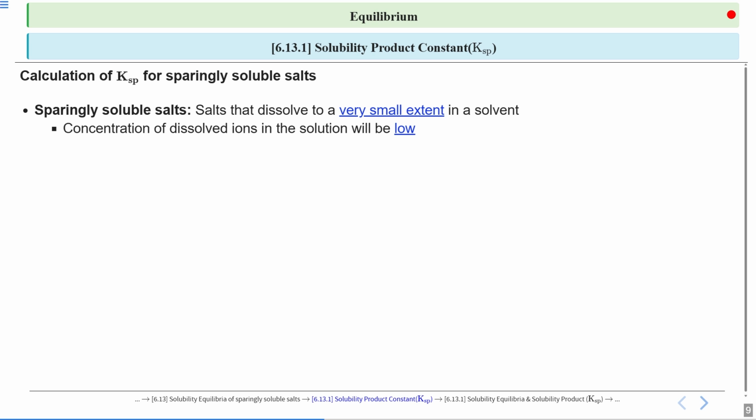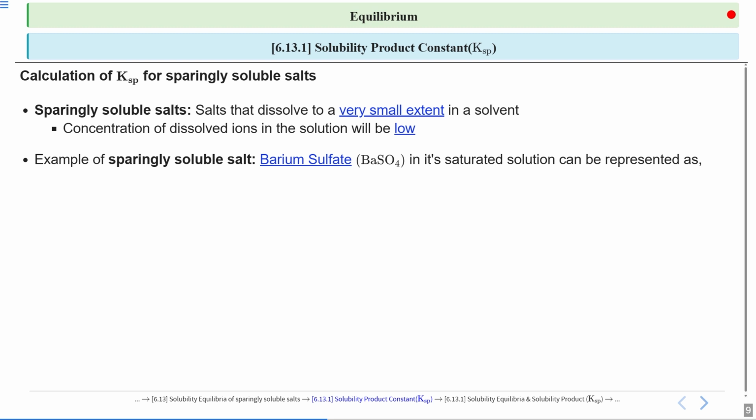Remember, no matter what kind of salt you are taking, if it is soluble, it will be dissociating approximately 100%, and in a numerical sense, we can take it as equal to 100%, right? So whether you are taking a sparingly soluble salt, a slightly soluble salt, or a soluble salt, if they are soluble, they will always be completely dissociated in the solvent. That is for sure. They are always considered strong electrolytes, right?